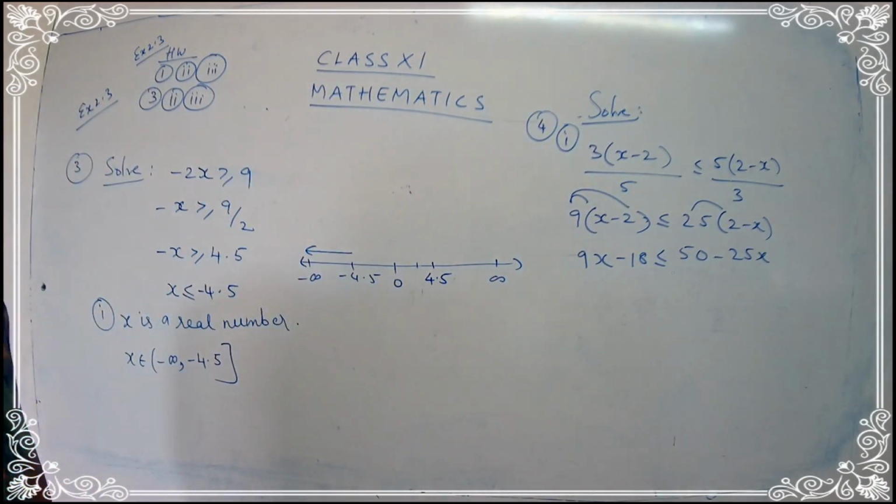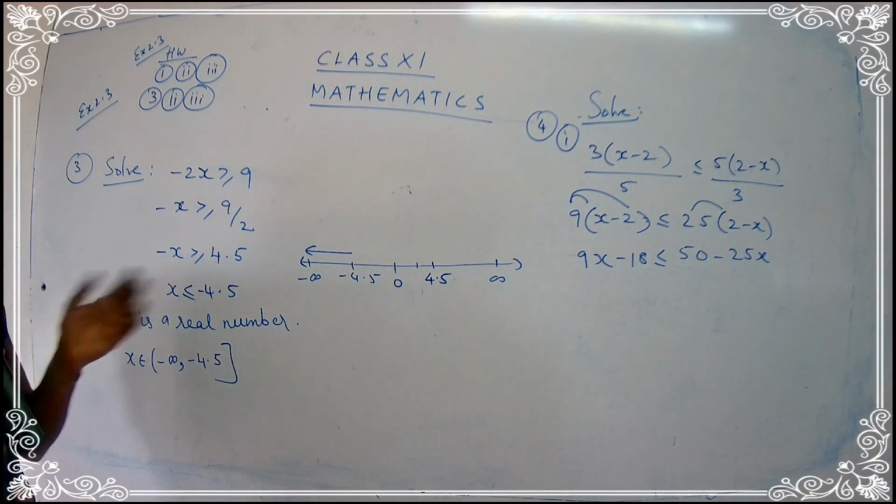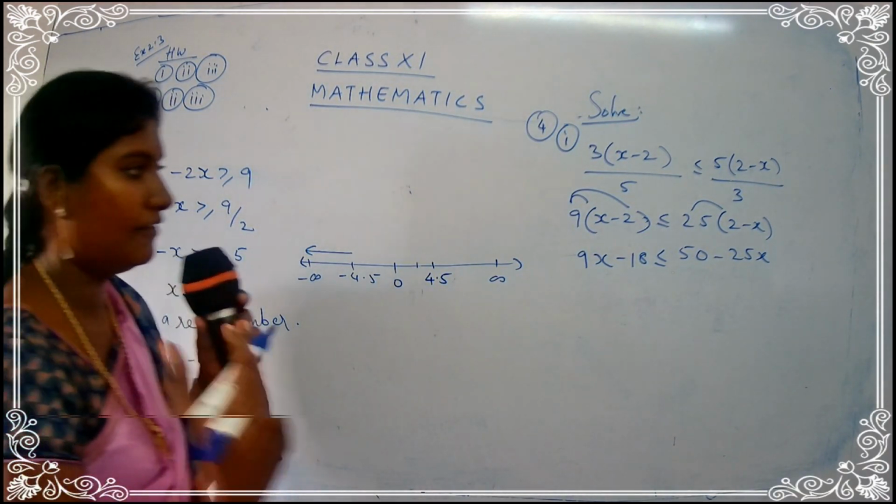Clear, children? Now what we are going to do is bring the x terms together and the numbers on one side. Otherwise, what we do is bring everything on one side and later shift the numbers to the other side. That will be easy for us.